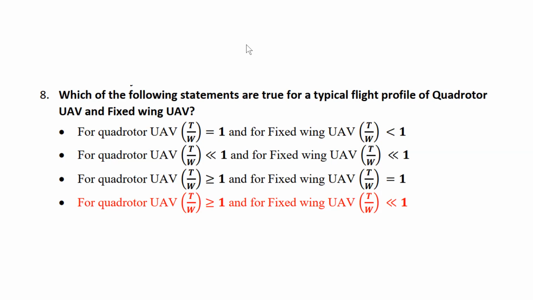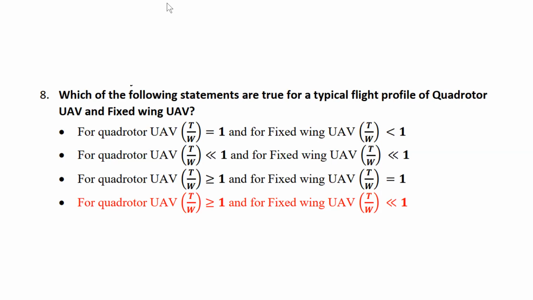The climb angle is small, hence the lift is less than the weight. That's also all right, but we are talking about thrust to weight ratio. If the climb angle is 90, then the thrust has to be more than weight. That comes out of the climb formula itself.